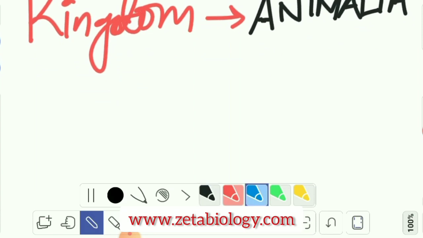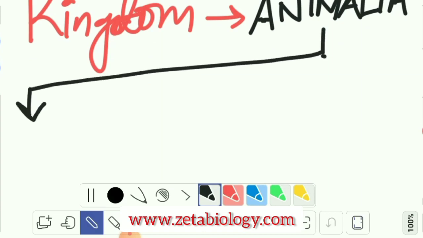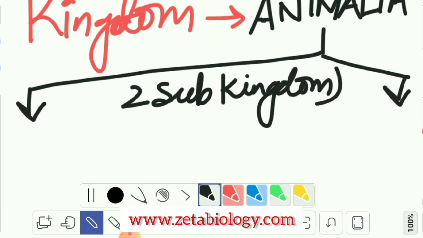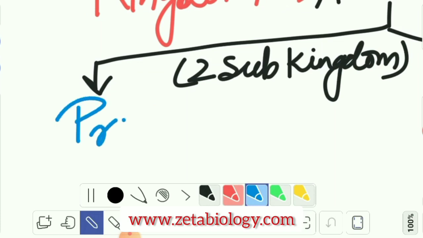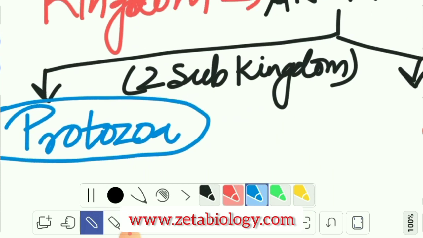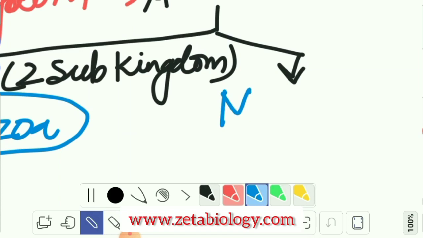Animalia is further subdivided into two subkingdoms: Protozoa and Metazoa.